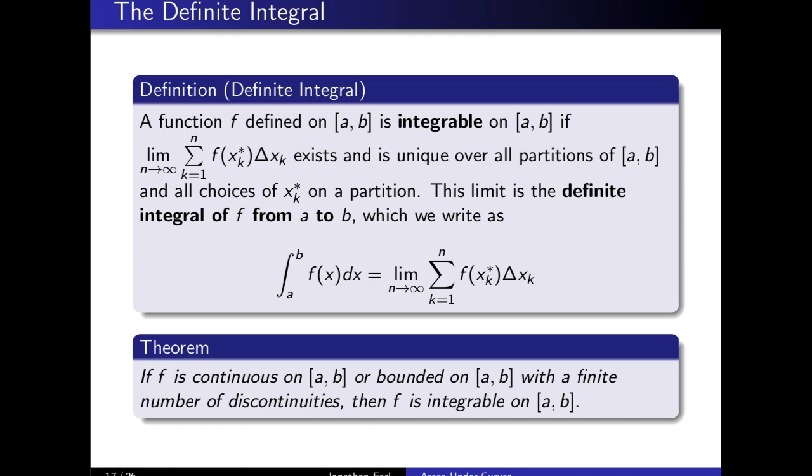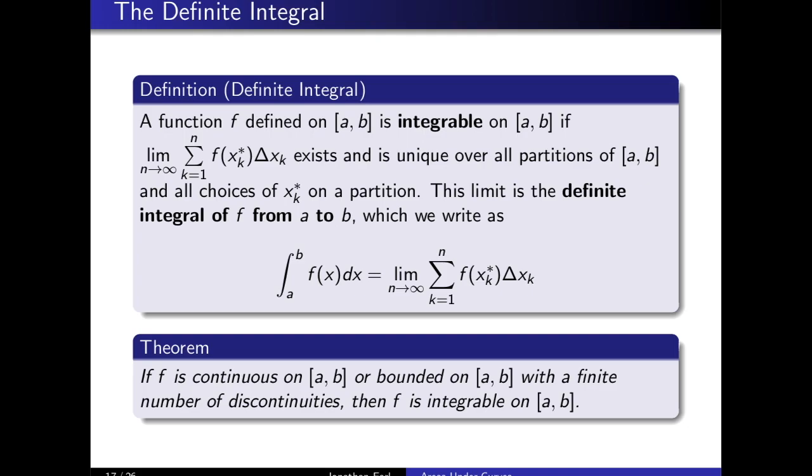Basically, you could partition your interval a to b however you like and pick any xk stars inside the interval, and so long as the value you get in the end is unchanged, then everything works nicely.